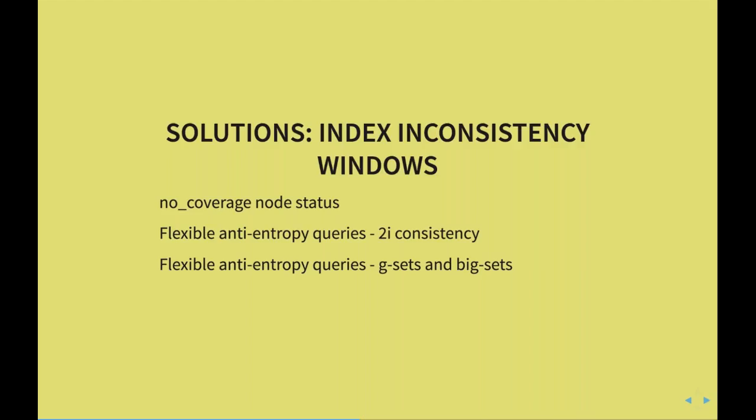The other thing that we're looking at is ways in which we can do more flexible queries to support anti-entropy. So rather than have a static database for anti-entropy, which exists in Riak at the moment, we can dynamically query Riak. We can do things like ask: is a coverage plan on one offset giving the same answer, the same Merkle tree for an index, as a coverage plan on another offset?